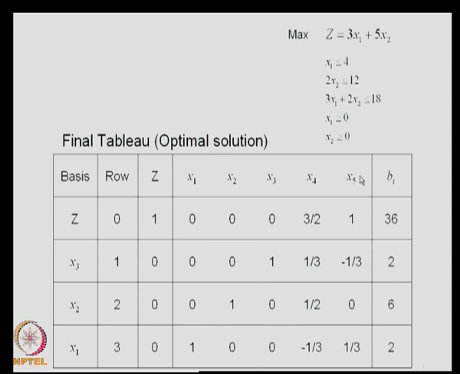Now, x 4 and x 5 are the non-basic variables in the final tableau, when the optimality criterion is met.